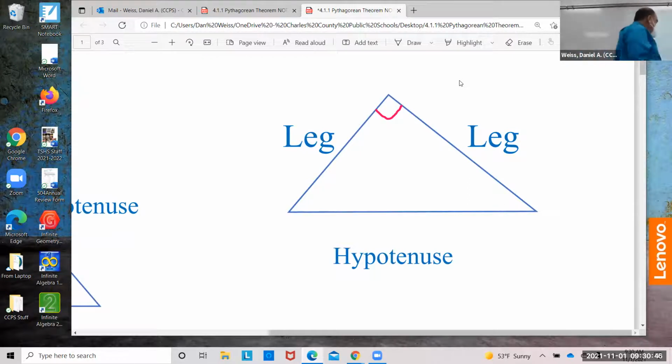Still, the two legs make up the right angle, and the right angle points to the hypotenuse. Can I have a nod if everyone understands? Stella, face down with the phone, please. There are always going to be two legs and a hypotenuse with a right triangle.